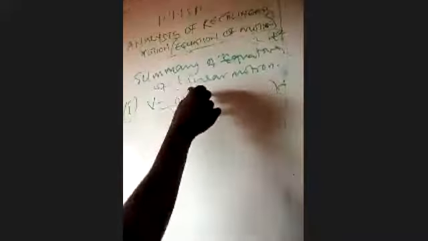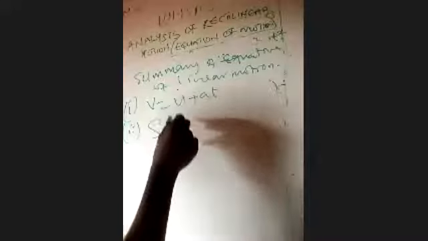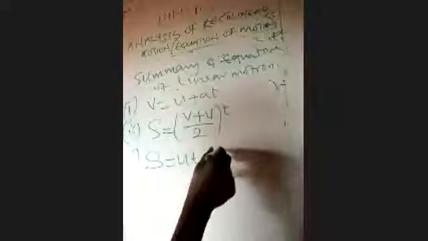1, v is equal to u plus at. 2, s is equal to bracket v plus u all over 2, times t. 3, s, which is distance, is equal to ut plus half at squared.